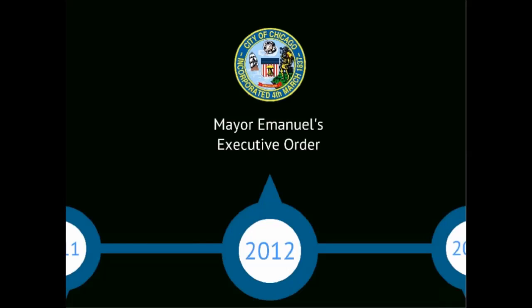A good example of one of the things that we're looking at is we have a very large and aging water and sewer infrastructure here in Chicago. And the water department is in the midst of rolling out a multi-billion-dollar infrastructure replacement program.